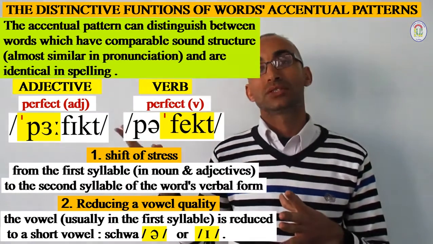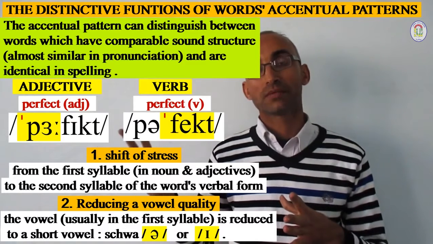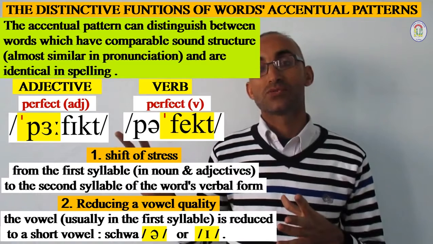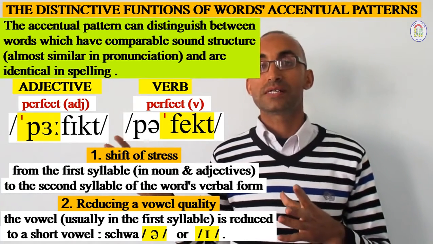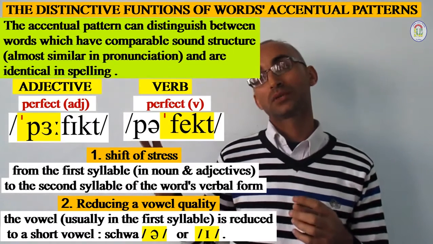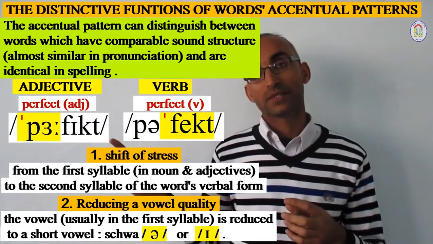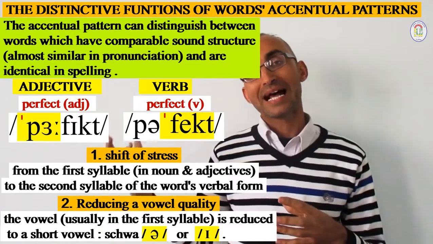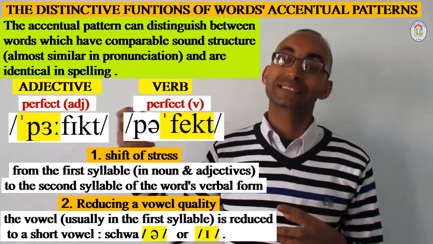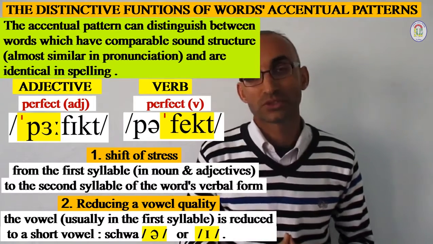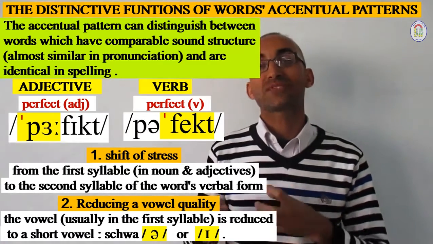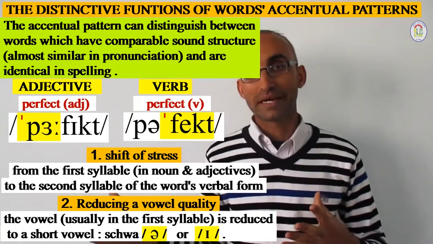So these two changes, stress placement shift as well as reduction of the first vowel to schwa, help us distinguish between the grammatical categories of the two words. The first is an adjective, the second is a verb. So a change in the accentual pattern of a word can shift its grammatical function.